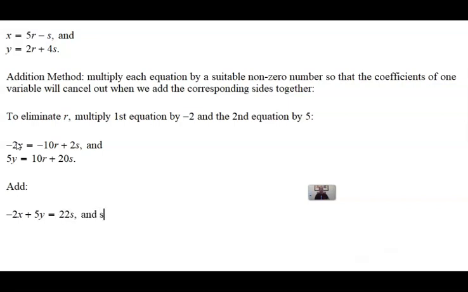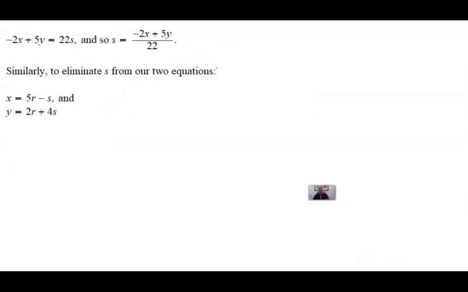And so we can solve for s, and we get s equals (negative 2x plus 5y) divided by 22. If we were back in basic algebra, now that we know s, we can solve for r by plugging in s using either x or y.